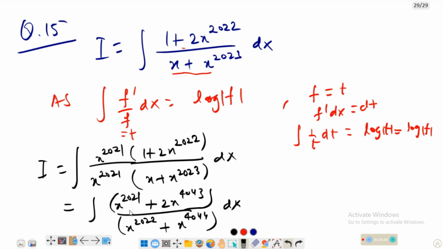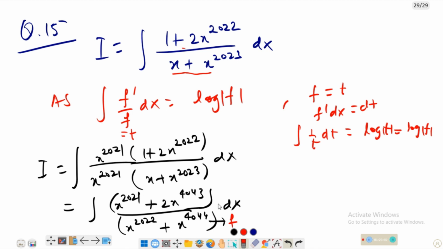So if we multiply this quantity to the above quantity and this quantity to the below quantity, we come to this integrand. So we need to find out our f from this quantity. If we say this quantity is our f, then this is our f dash.